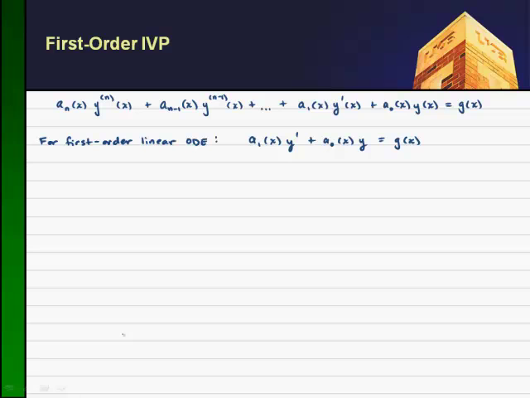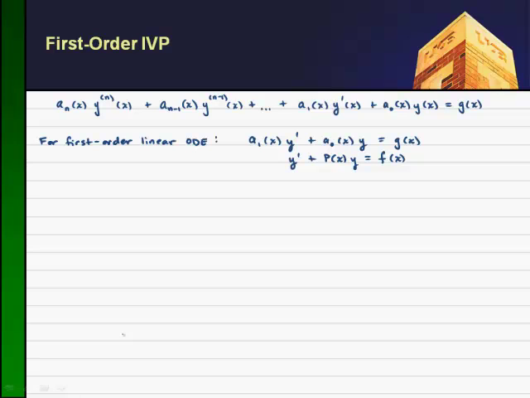And it makes sense that if I divide everything by the leading term, a1 of x, I could write this as y prime plus a naught over a1 of x, which really is just some other function in x that I'll call p of x, times y is equal to g of x divided by a1 of x, another function in x I'll call f of x.